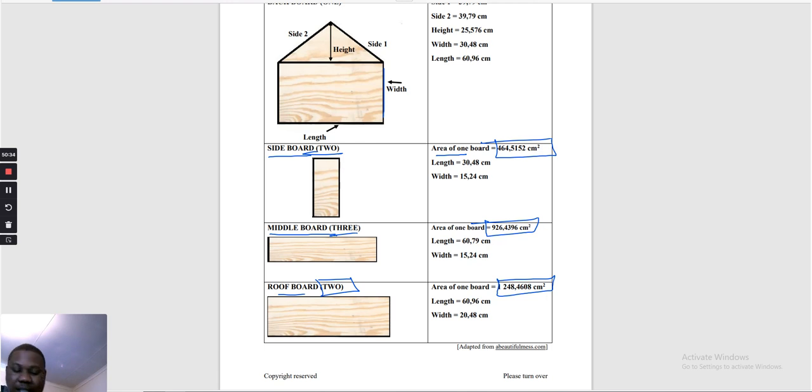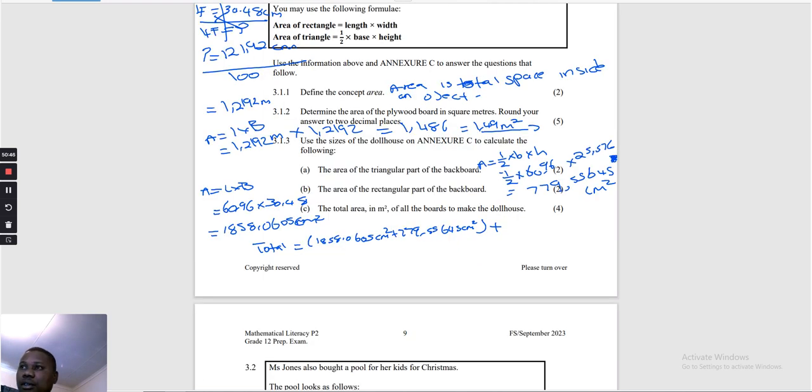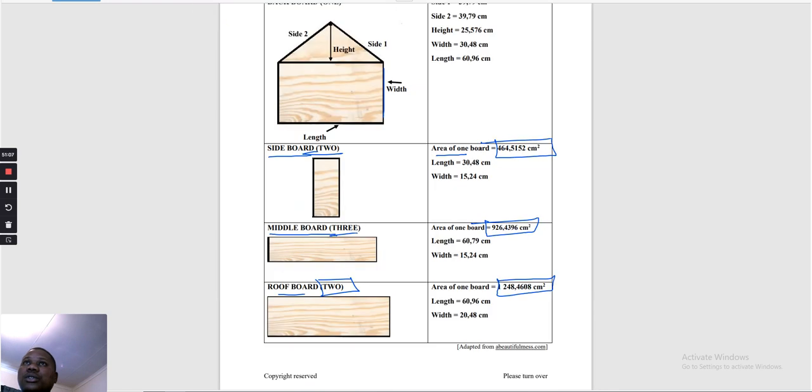The first one is 464,515,2. Okay, how many of them? There are 2. So we're going to have 464,5152 centimeter squared times 2 close brackets plus open brackets. We go to the next one.